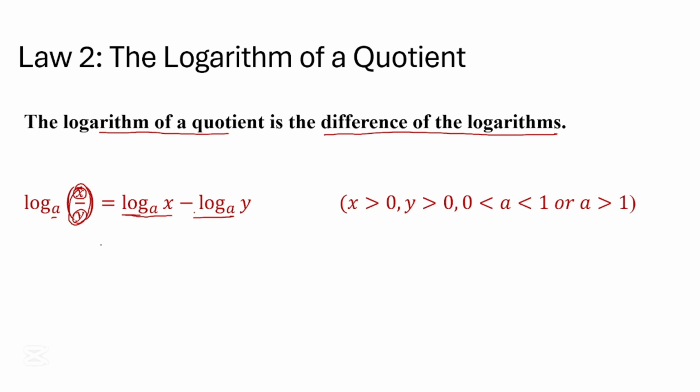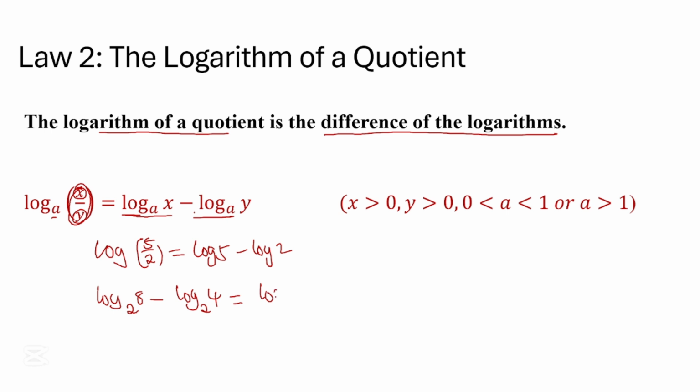For example, we can say log of 5 divided by 2, this can be base 10, is log 5 minus log 2, like that. Log of 8 to base 2 minus log 4 to base 2 is equal to log of 8 divided by 4 to base 2.